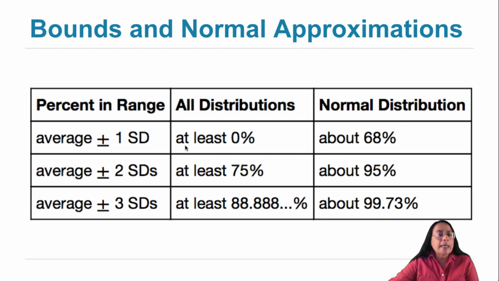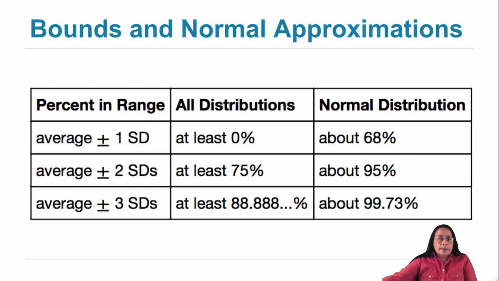Well, Chebyshev for that wasn't really helpful at all. Chebyshev's bound is just at least 0%. If the distribution is normal, however, about 68%, just over 2/3, are in the range average plus or minus 1 SD. Because this curve is so well studied, these fractions have been calculated and approximated very closely.